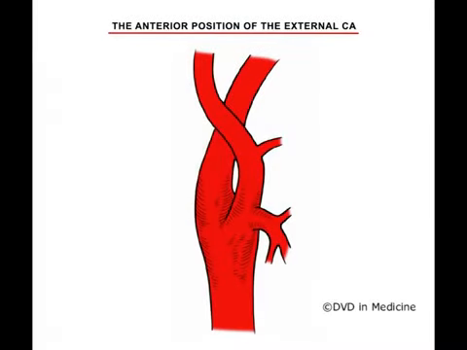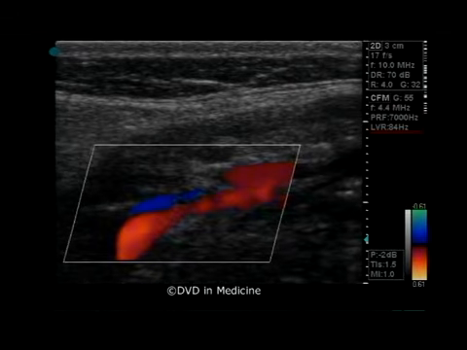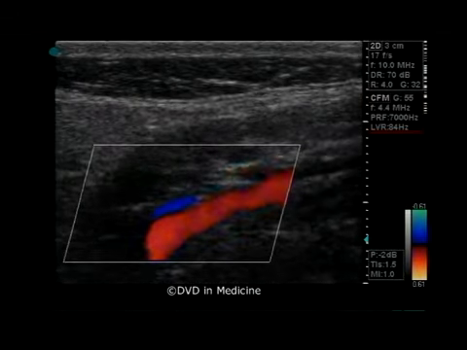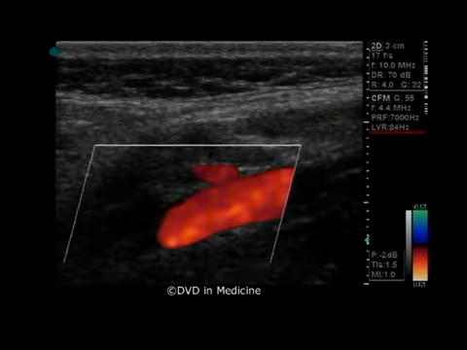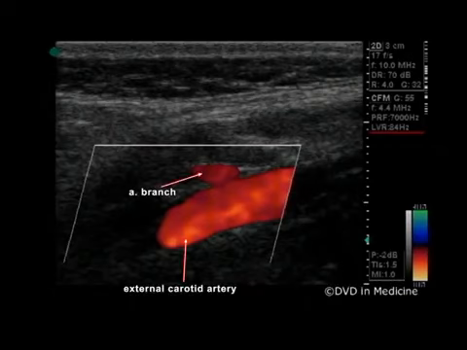The external carotid artery is usually the easier of the two branches at the bifurcation to recognize positively. The external carotid artery is nearly always the more anterior of the two branches. The external carotid artery has branches which arise from it below or around the level of the angle of the mandible.